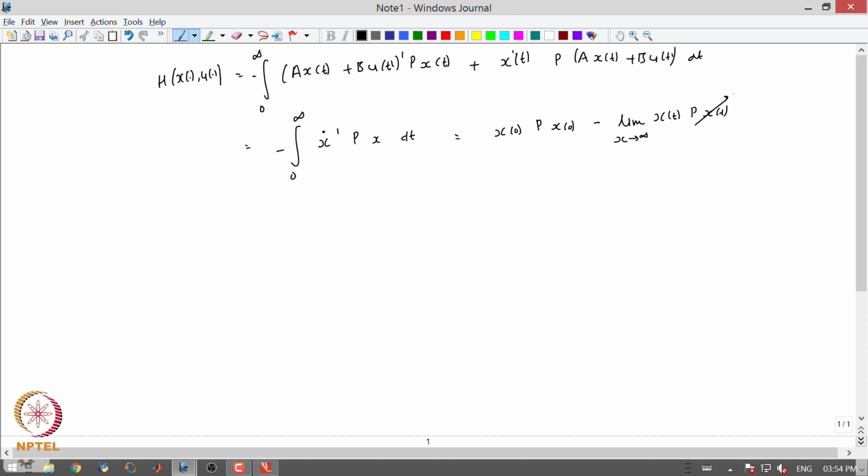The system is stable, so this will go to 0 as t goes to infinity, and I am left with just x of 0 transpose P x of 0.